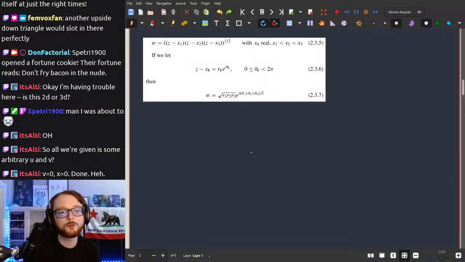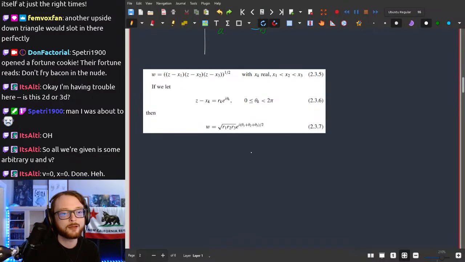So I wonder if you allow these x's to be complex numbers, if you can get diagonal branch cuts, if they're collinear. If they're not collinear, I don't know what you do. That's kind of interesting.